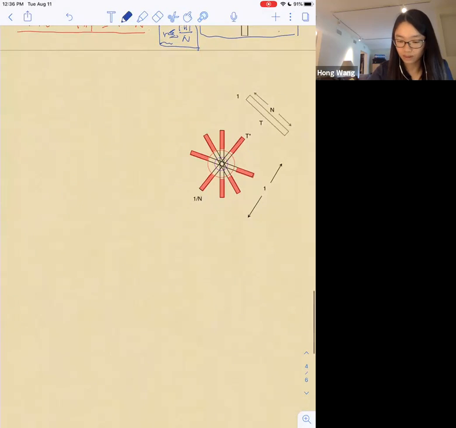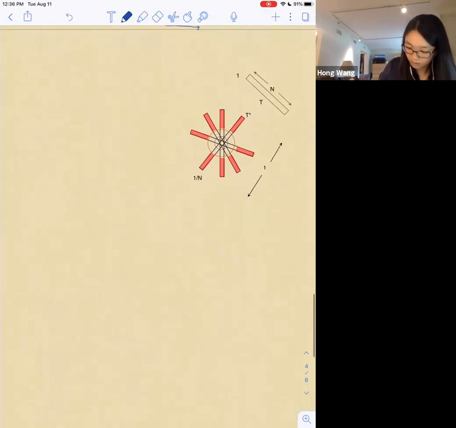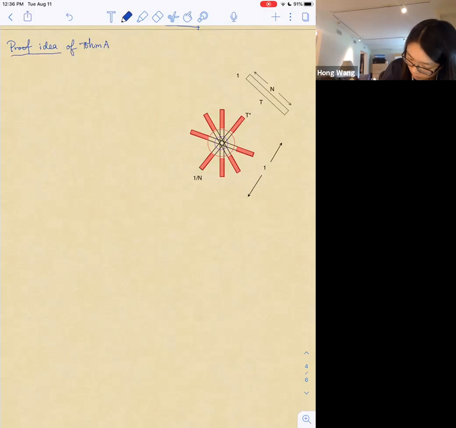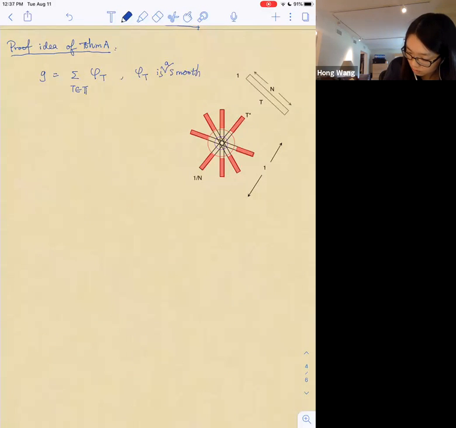So now we explain the proof ideas of Theorem A. We take G to be the sum of phi T over all tubes in T, and each phi T is a smooth bump function on T.